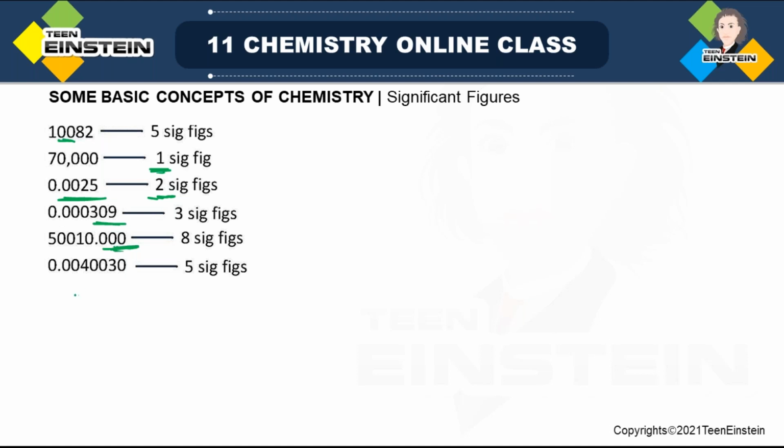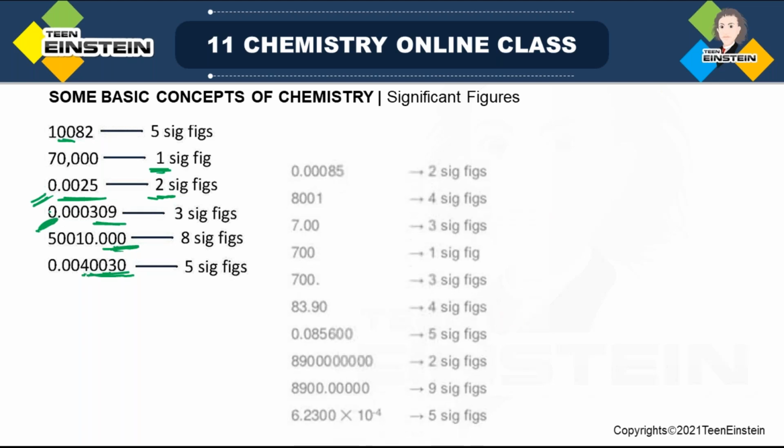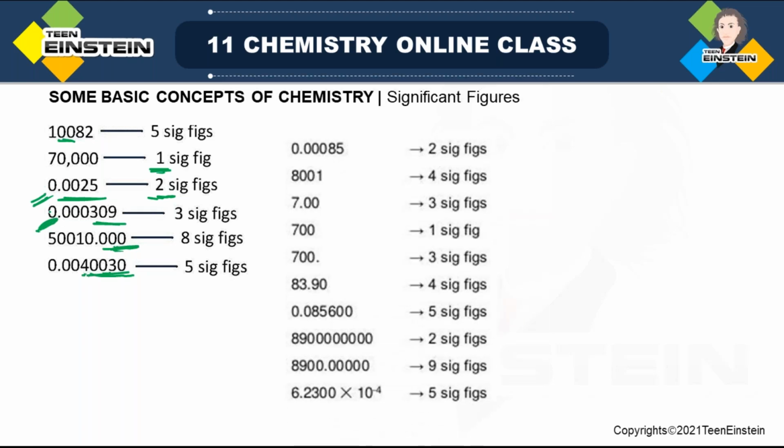Now 0.004030: only this part will be considered. So you can find similarity with these two examples; they are the same type. Here also only 85 is significant. For this type of number, you can find similarity with the first example, 10082. Here also you have to consider all the digits.